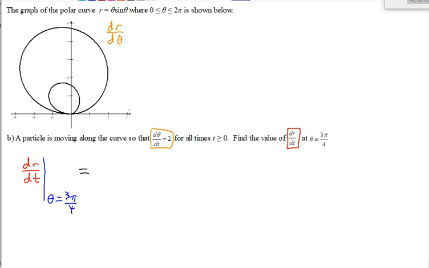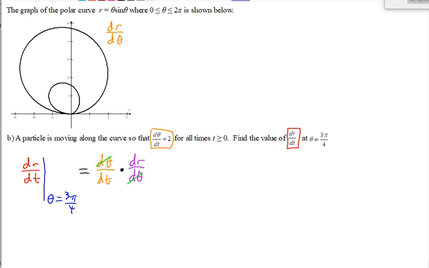So if we write down d theta dt times dr d theta, yeah, the thetas are going to cancel out, giving us dr dt, what we want. Okay? So it's just understanding how that's going to work there.